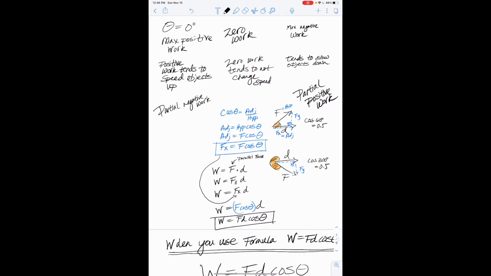What would that look like? Well, very similar to what we have over here. Here's our object. Here's our object. Here's our object. But instead of pointing 180, it maybe points like this.